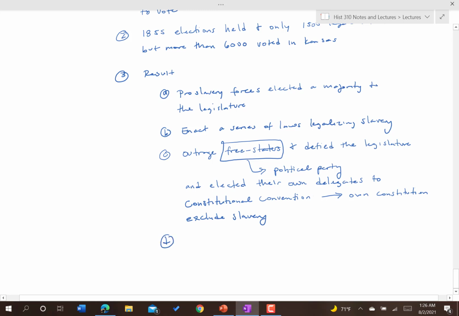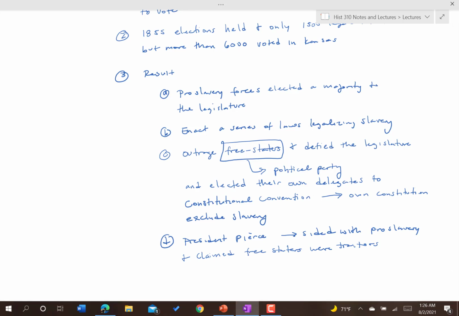With this, the president at the time, President Pierce, sided with the pro-slavery forces and said that the Free Staters were traitors. So that didn't help them much in that situation.